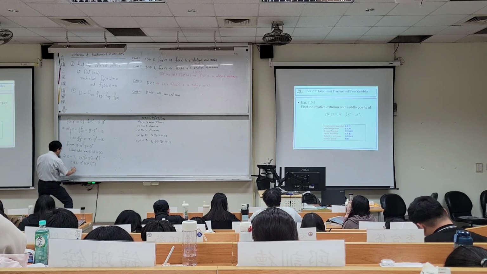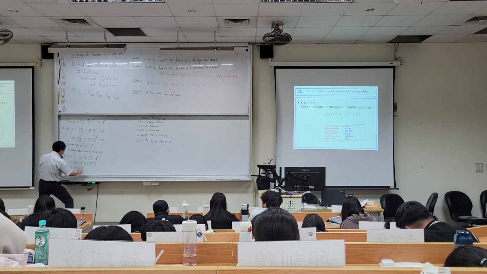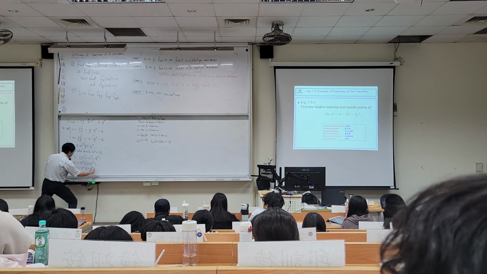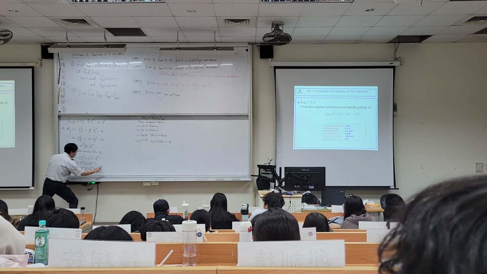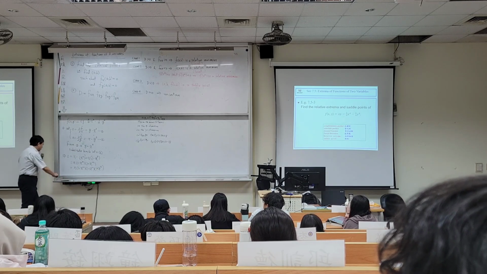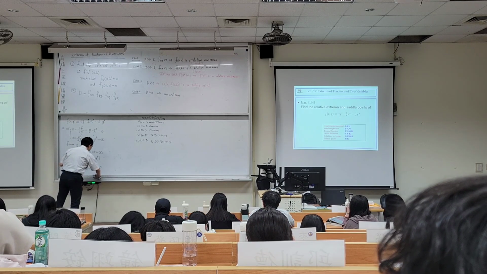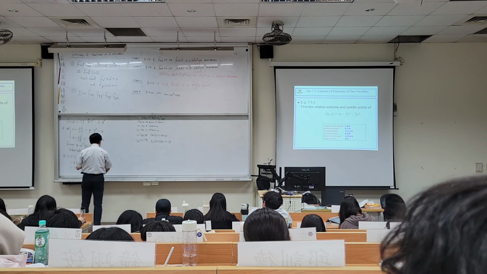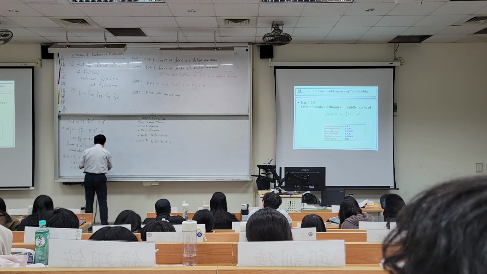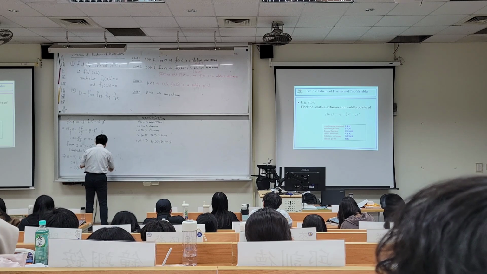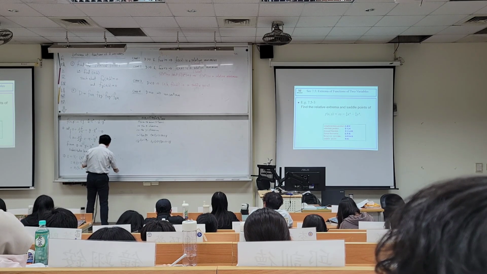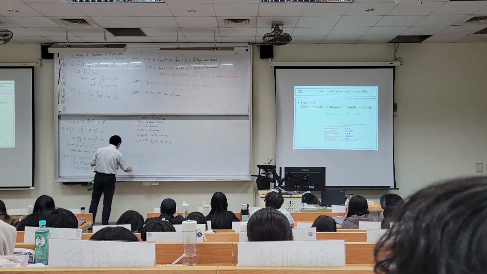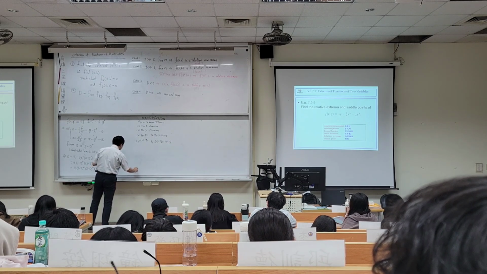So I get x times (1 minus x squared)(1 plus x squared)(1 plus x to the 4th). So it's equal to x(1 minus x)(1 plus x)(1 plus x squared)(1 plus x to the 4th power).